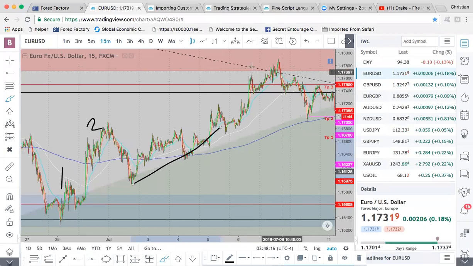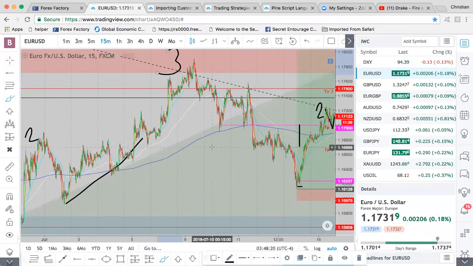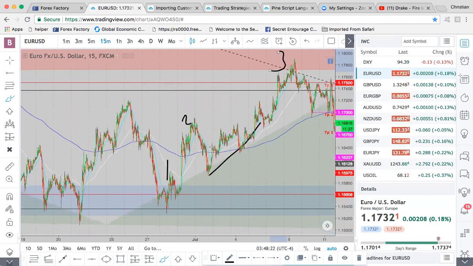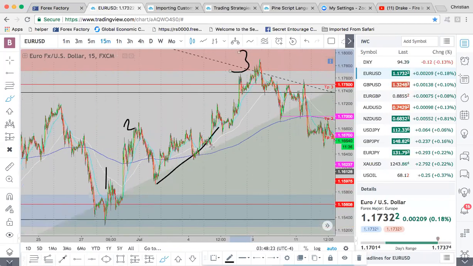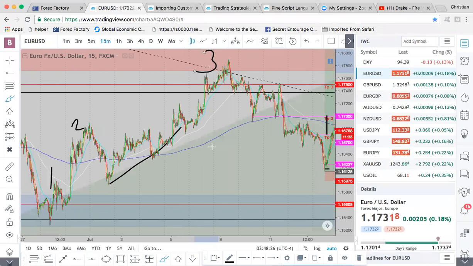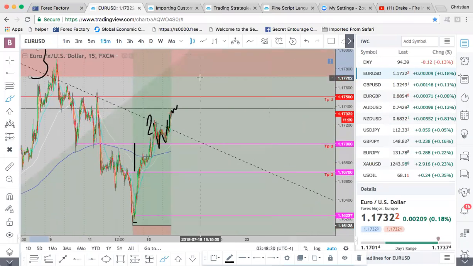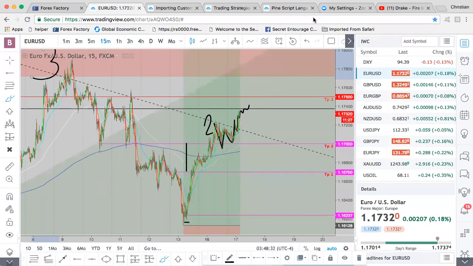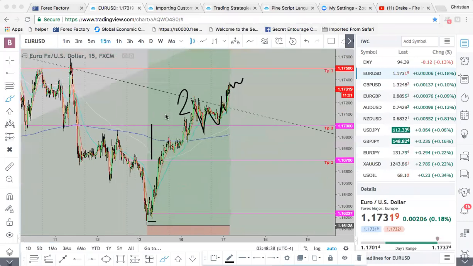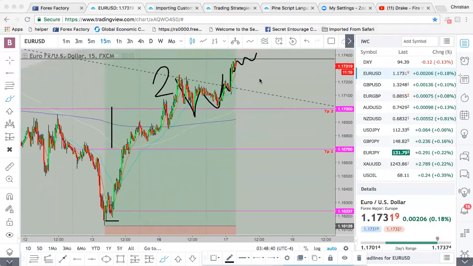Now I got a head and shoulders pattern. Now I know I'm in it. What did you guys say? Level 3 spike to the high. EU doesn't have 3 levels? Not yet. Oh, well, yes, I could.